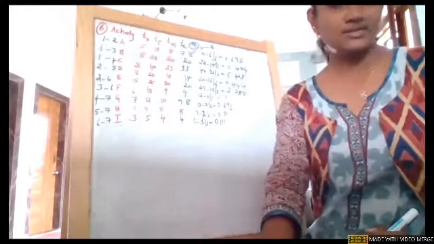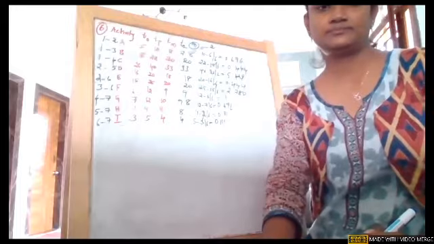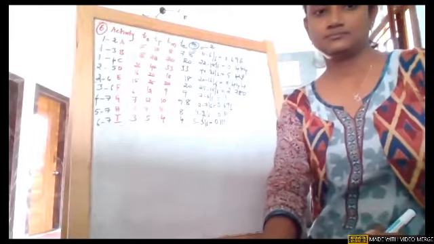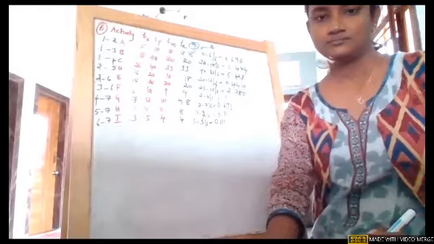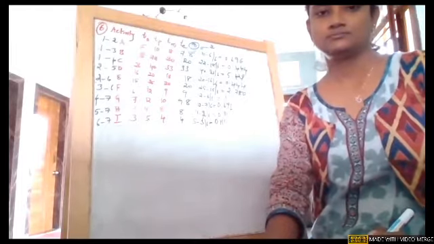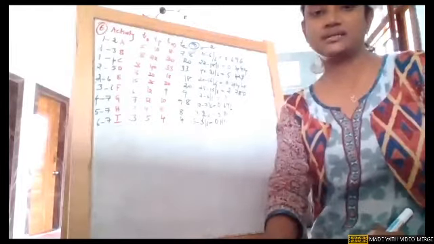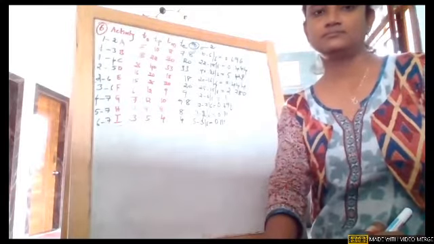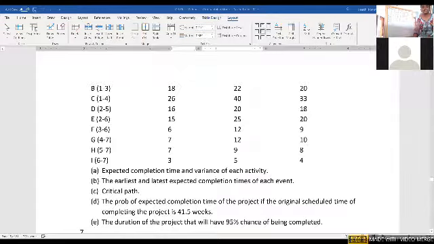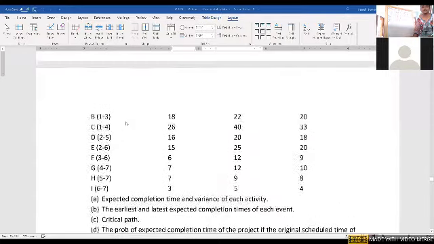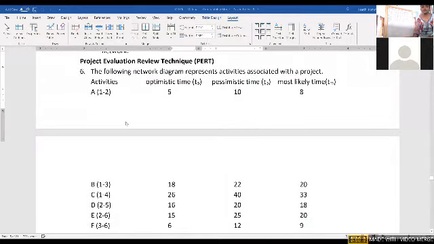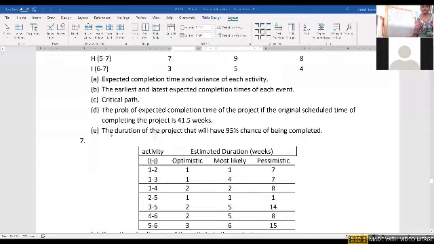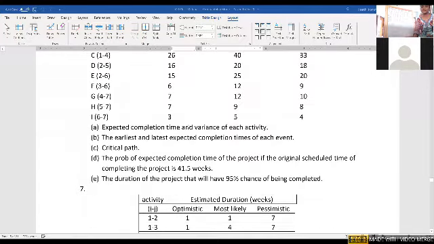We are in the sixth question. Just check this question. I hope you can see the question now. This is the question which we are discussing. We constructed the activities. A represents the expected completion time and variance of each activity.